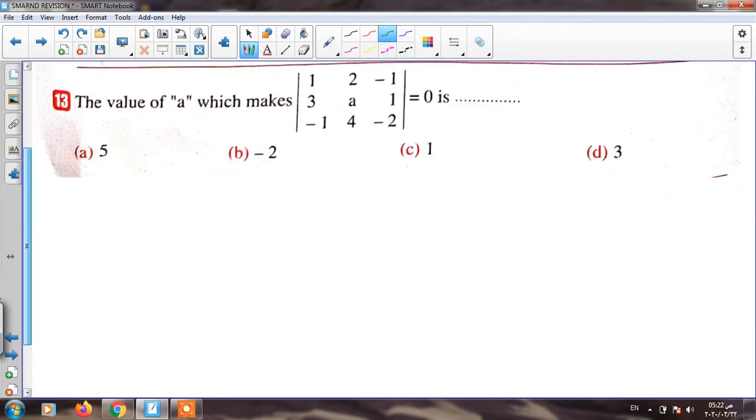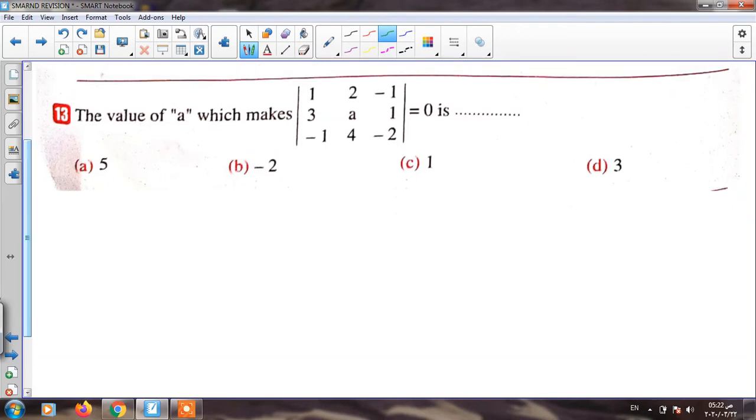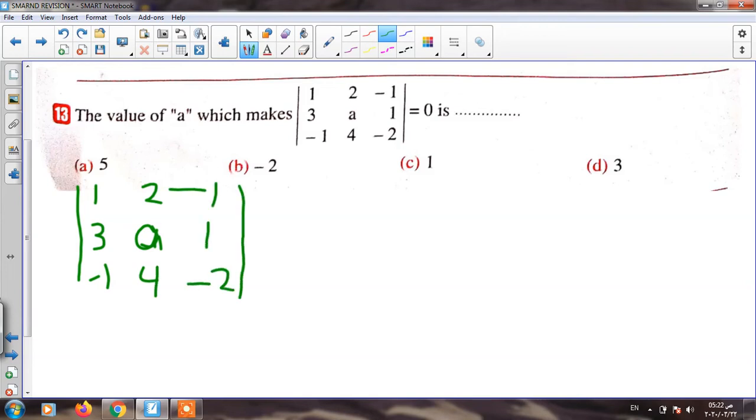One of them is putting the determinant here like 1, 3, and -1, and here 2 and A and 4, and here -1 and 1 and -2. I will revise both ways with you, okay?